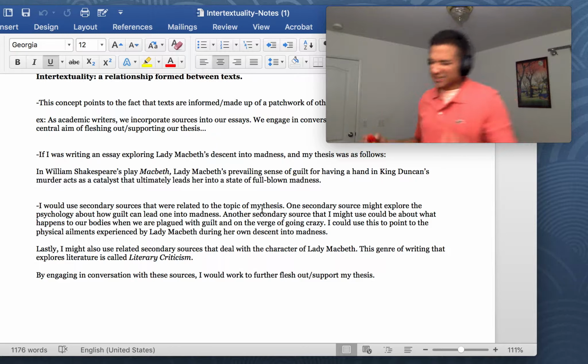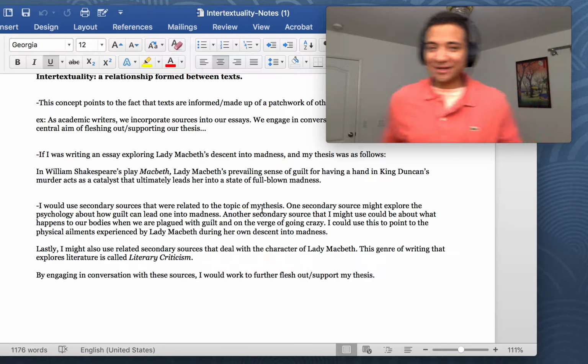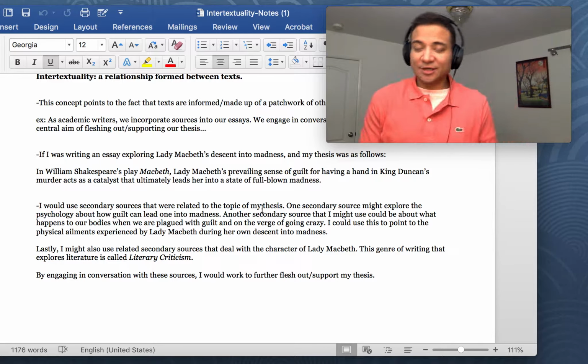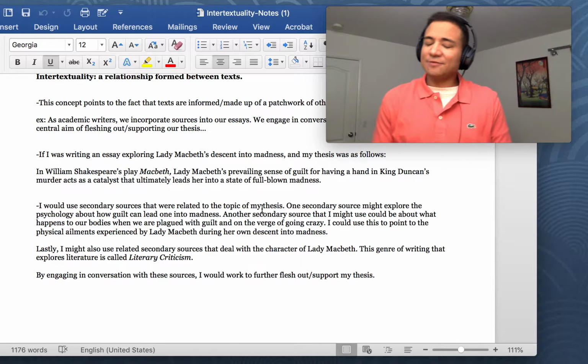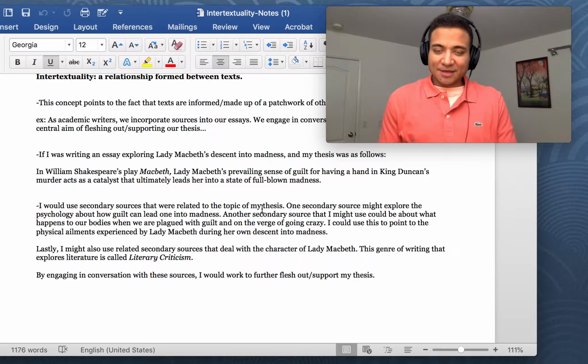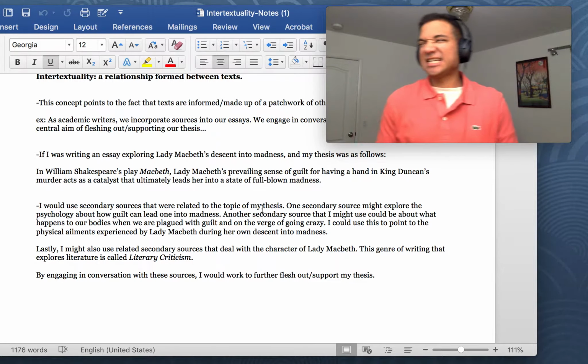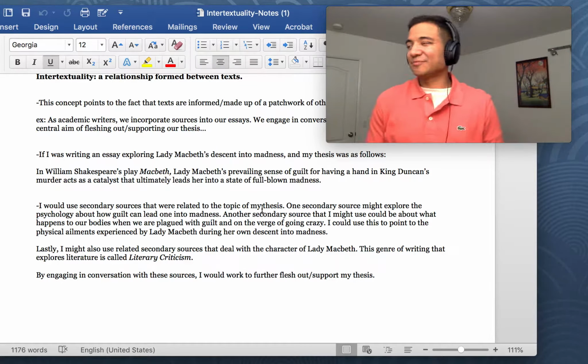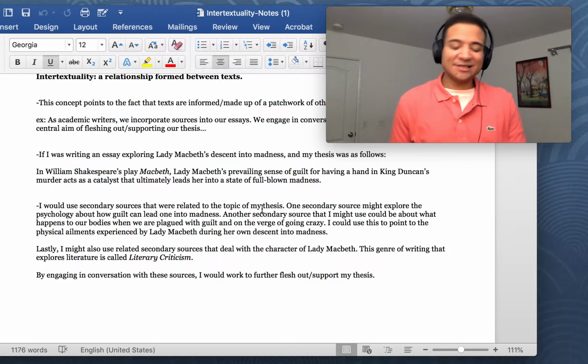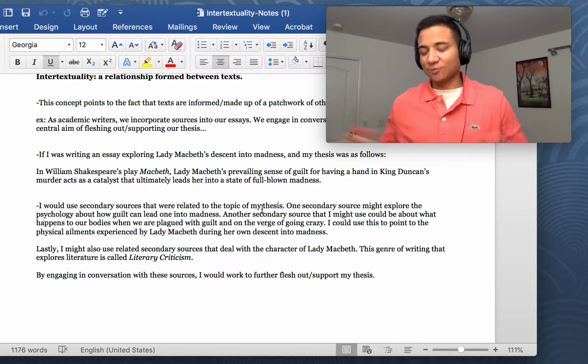So she gets it into her head, and through her machinations, she convinces Macbeth to kill King Duncan, which he does. And what's really interesting is that at the start of all this, Macbeth is really hesitant. He is fighting against the idea. He doesn't really want to do it, but then it's the wife, Lady Macbeth, who pushes him to do it, and he ends up doing it.